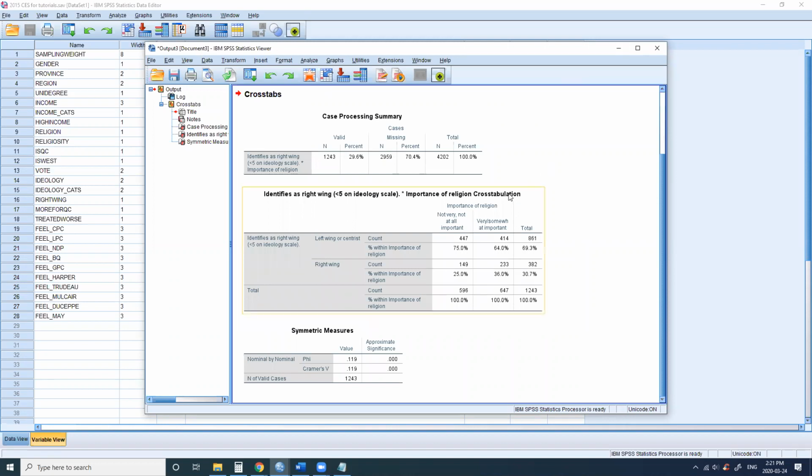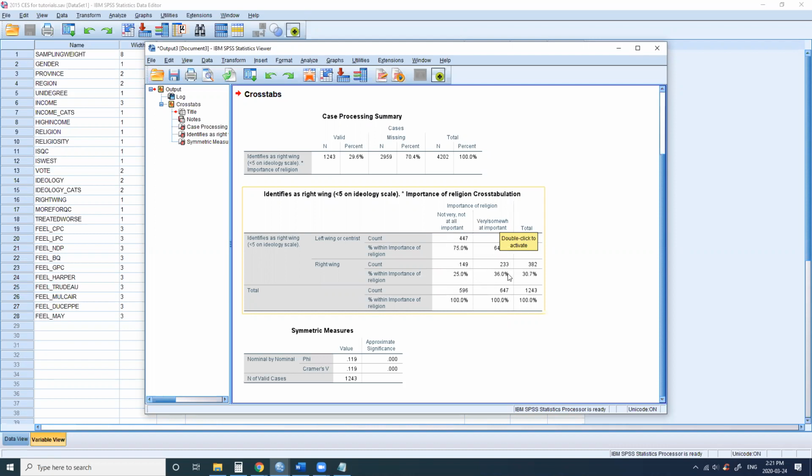And so we see that amongst those for whom religion is very or somewhat important in their life, 36% of them identify as right-wing. And amongst those for whom religion is not very or not at all important, 25% of them identify as right-wing.